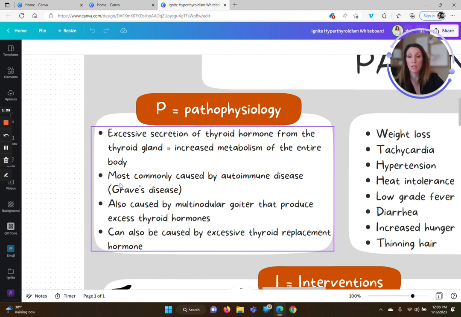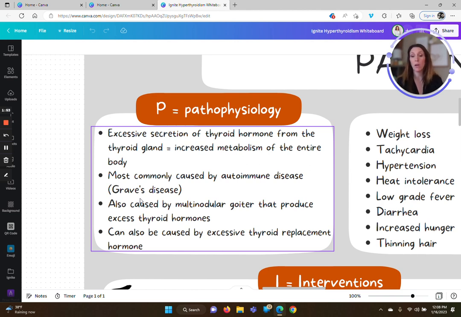So the way that things are broken down and food is processed in the body, everything in the whole body basically is affected by the thyroid, so your metabolism and everything is increased. And this one is most commonly caused by an autoimmune disease called Graves' disease. So most commonly, if we have hyperthyroidism, it results from Graves' disease, an autoimmune disease that attacks the thyroid.